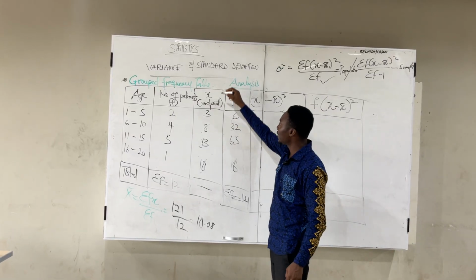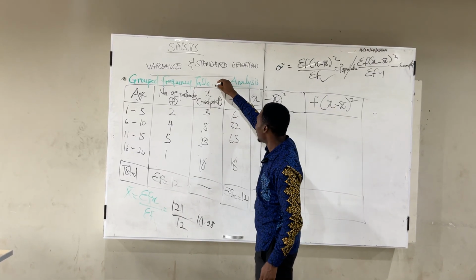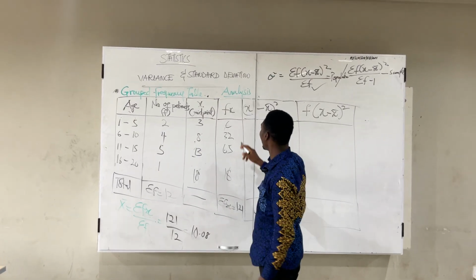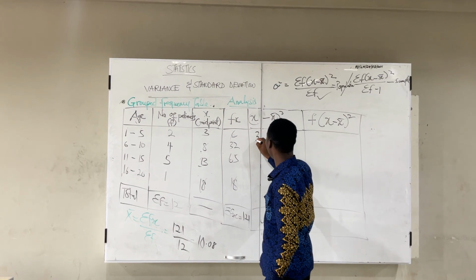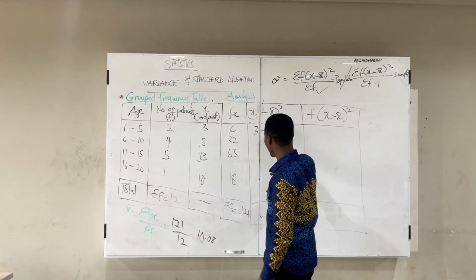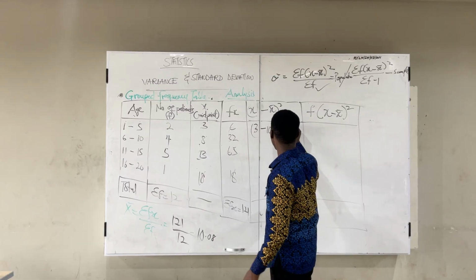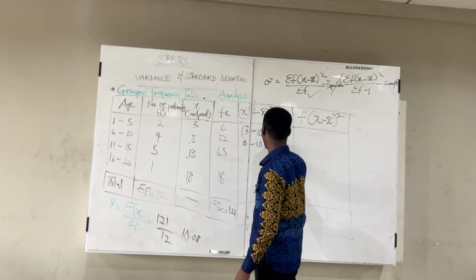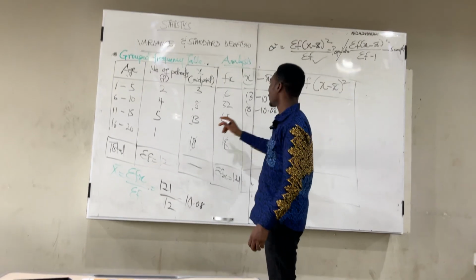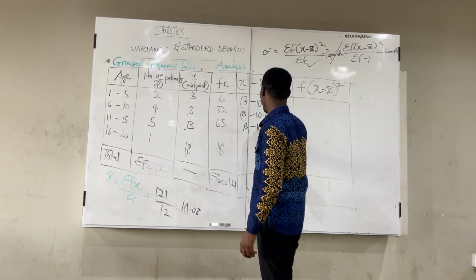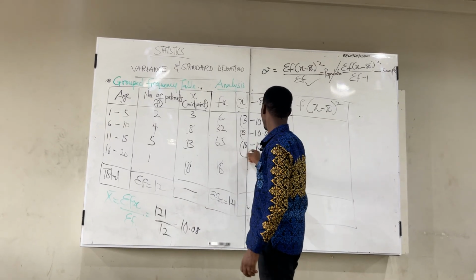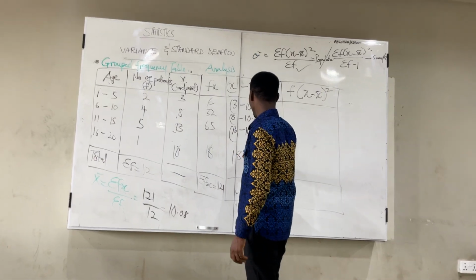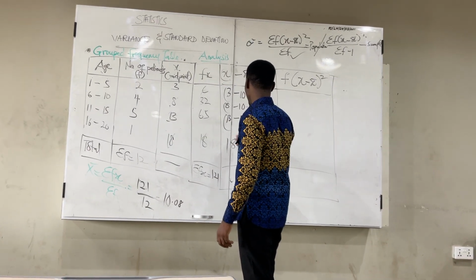But remember that the midpoint is now the x. Okay, so for the deviation, you use the midpoint and then the mean. So we have 3 minus 10.08 squared, 8 minus 10.08 squared, 13 minus 10.08 squared, 18 minus 10.08 squared.